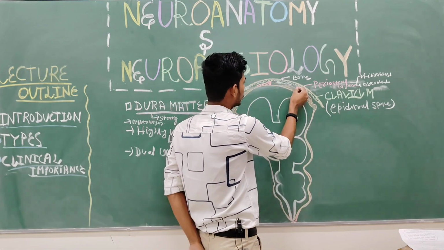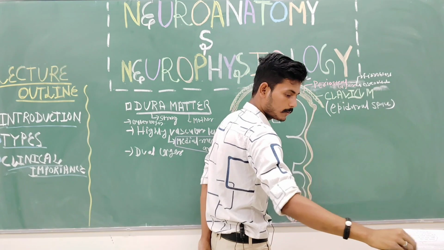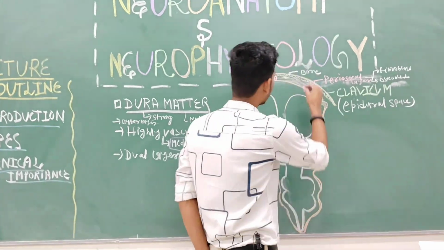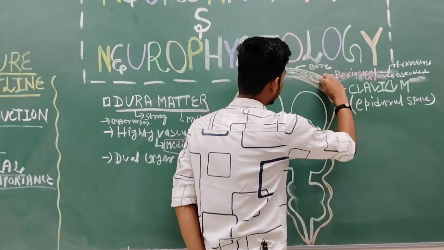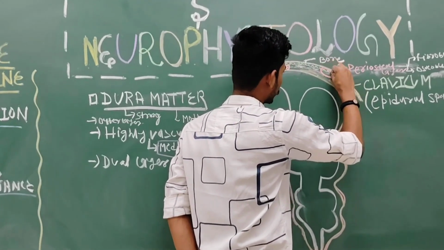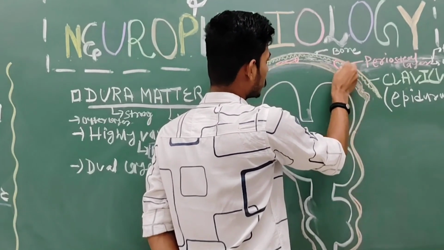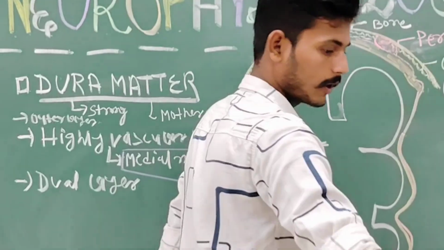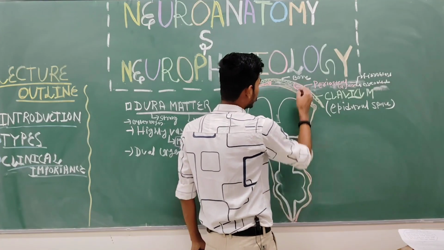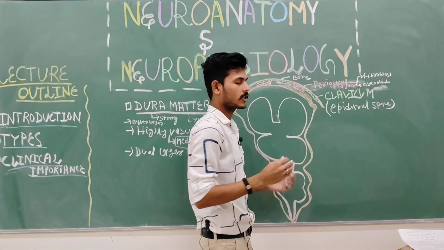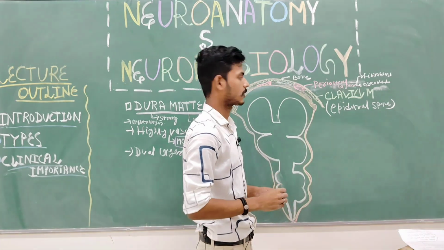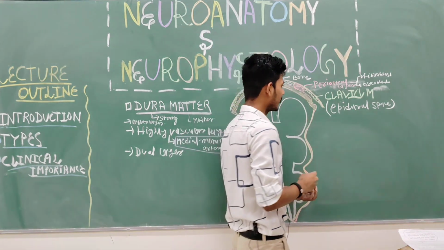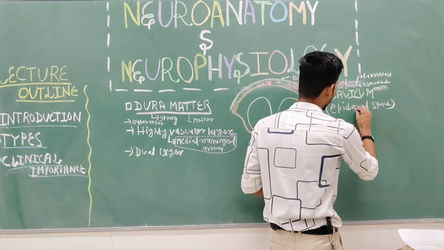If you see this area here, there will be the extra collection of blood because of the traumatic brain injury. This leads to the collection of blood, and this is called the epidural hematoma.